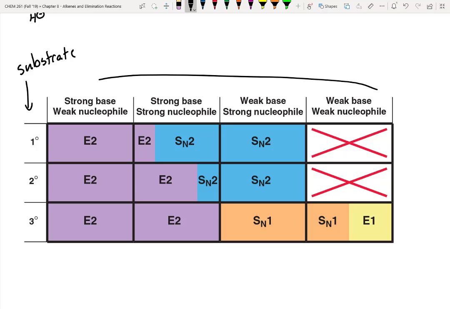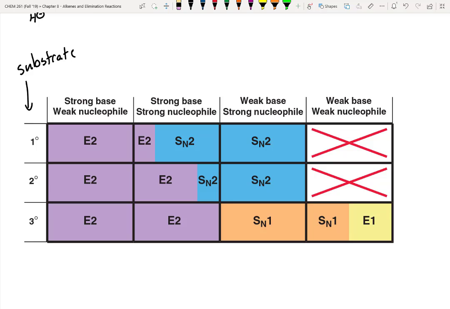And then over here, it'll tell you, are you dealing with a strong base that's a weak nucleophile, a strong base that's a strong nucleophile, a weak base that's a strong nucleophile, or a weak base that's also a weak nucleophile? Then you can follow the flowchart and it'll tell you exactly what sort of mixture you'll get.